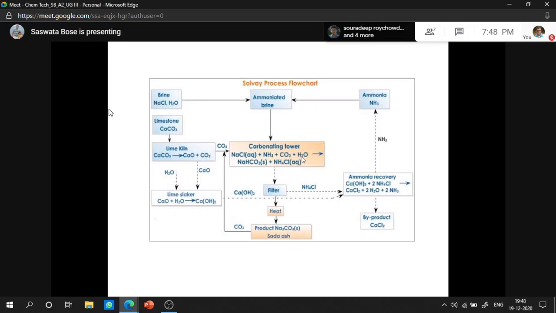Okay, I'll be coming to that, but some part of the carbon dioxide, as it is counter current, is coming out from the carbonation tower from the top also. If it were co-current, it would come down with the sodium bicarbonate and NH4Cl, but in this it is not coming down with them, because it is counter current.